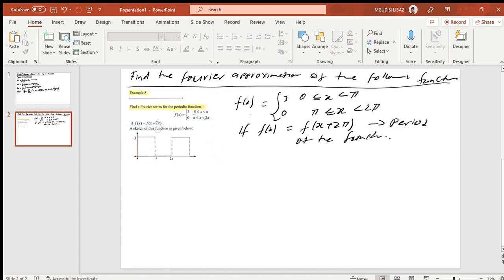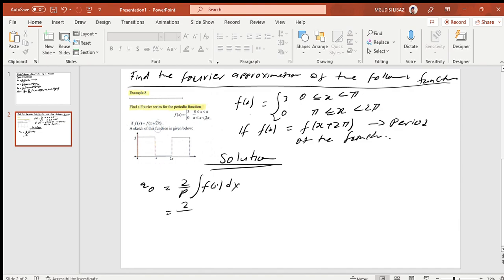Now, first things first, we need to find the first coefficient. The first coefficient is a0, which is 2 over p times the integral of f of x dx. So that's going to be 2 divided by the period.